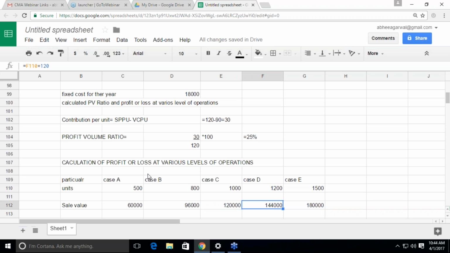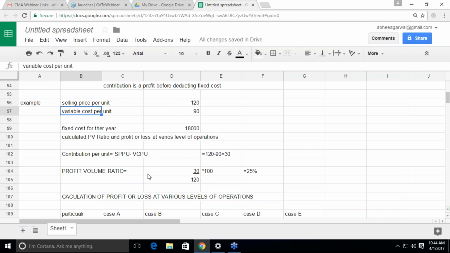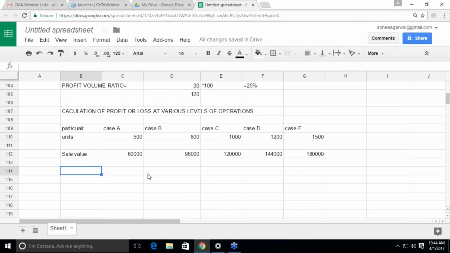For 1200 units it will be 1,44,000. And for 1500 units it will be 1,80,000 sale value based on 120 rupees per unit. Now variable cost per unit is 90 rupees, so I will calculate variable cost according to 90 rupees. 500 multiplied by 90.